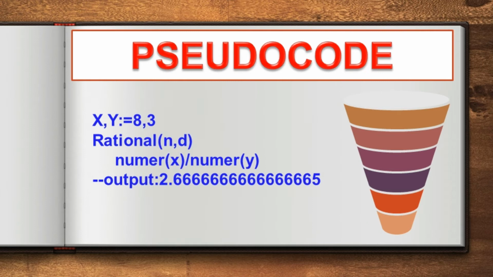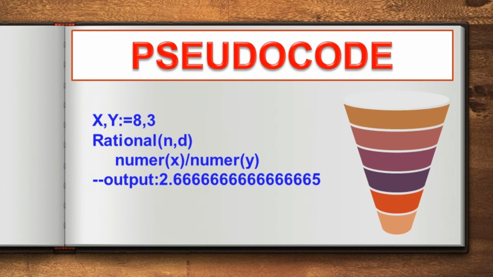The pseudocode for the representation of the rational number using the above constructor and selector is x, y equal to 8, 3. Here 8 is the numerator, 3 is the denominator. Rational of n, d: the rational number consists of a numerator and a denominator.